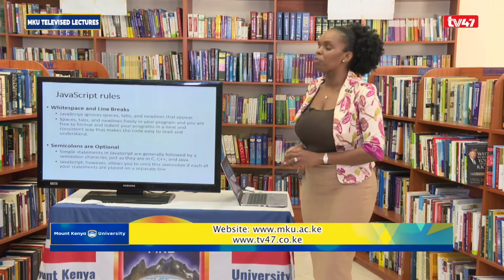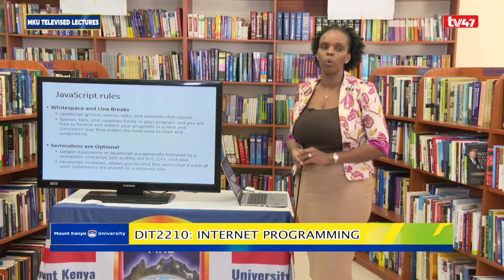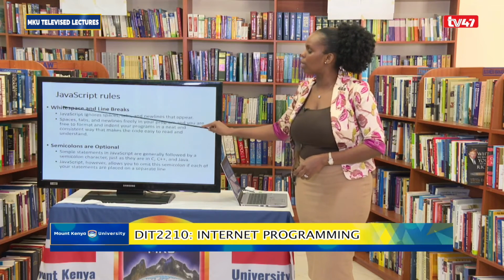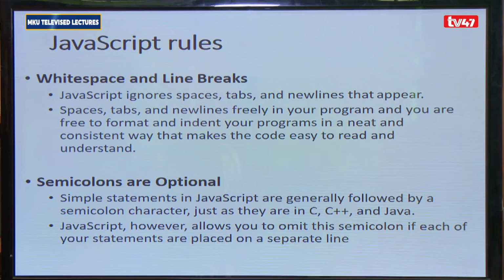Now, what are some of the rules that we have to follow when writing our code in JavaScript? Let's look at a rule that concerns white spaces and line breaks. White spaces are basically blank spaces in your code, and line breaks are new lines that appear in your code.